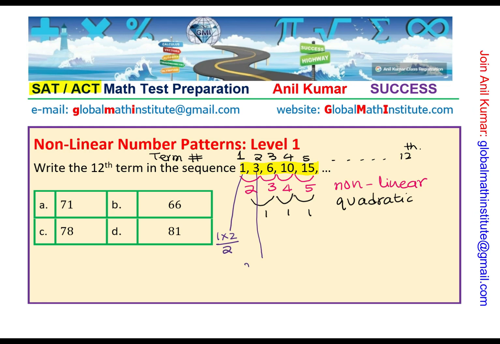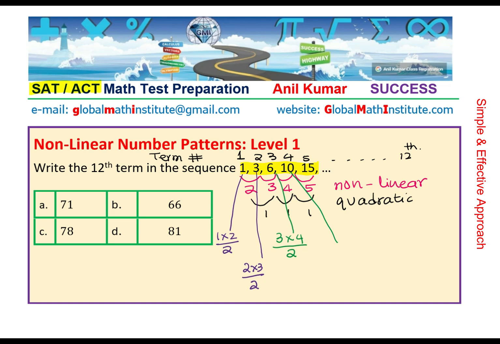Second term, if I do 2 times 3 divided by 2, that gives me 3. And similar pattern, if I use, let's say the third term, I do 3 times 4 and then divide by 2. I get 6. And for 10, I get 4 times 5, which is 20, divided by 2 is 10.